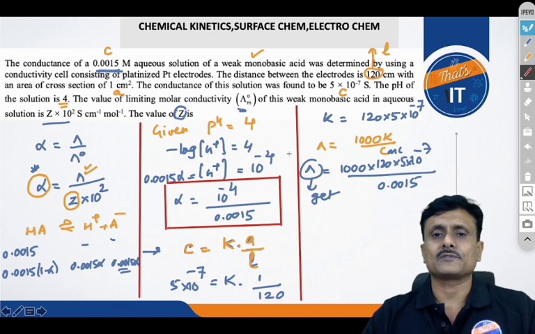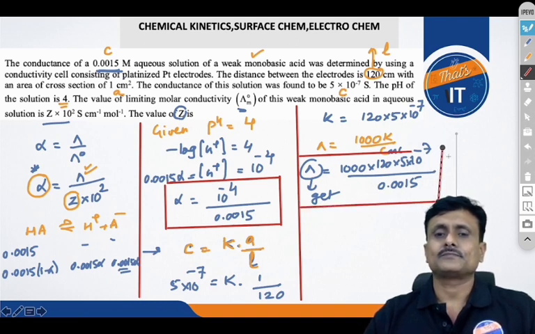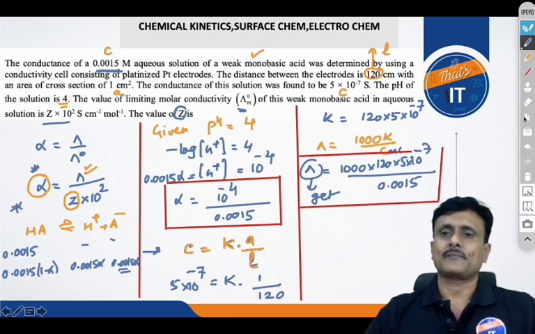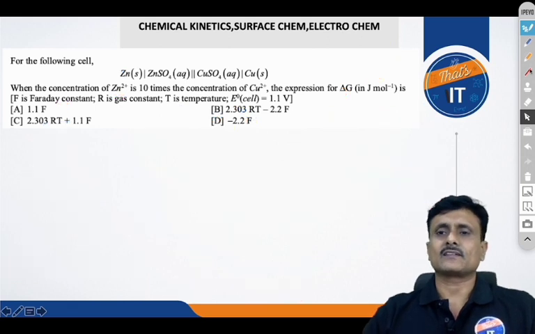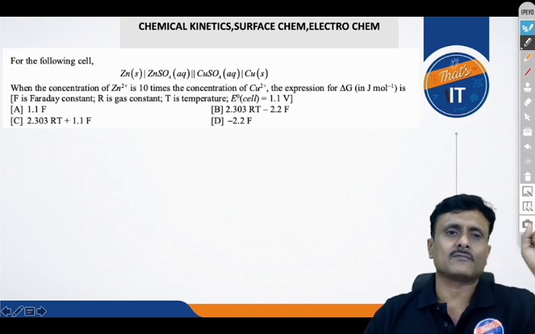So you need to substitute these two values in the given expression so that you can get your answer, isn't it? So substitute these two values in this expression, so you will get alpha. It's not conceptual, it is more like a theoretical question, including a little bit of numericals by using some formulae.